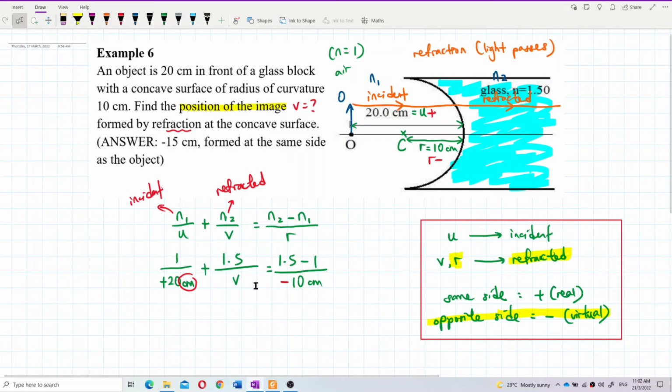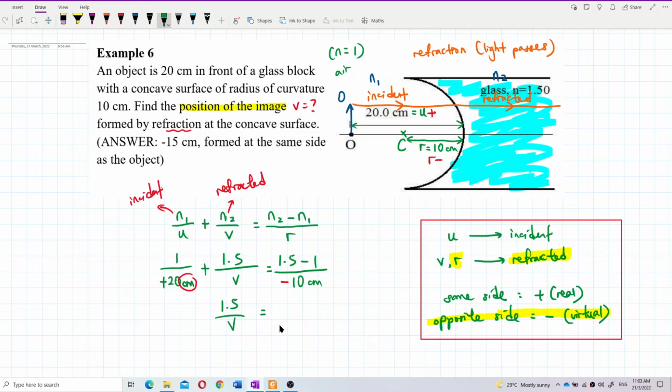Continue our calculation. So let's find out the value. So 1.5 over V equals 1.5 minus 1, divided by negative 10, and then minus 1 over 20. Go to the other side, take the reciprocal, and then multiply by 1.5.